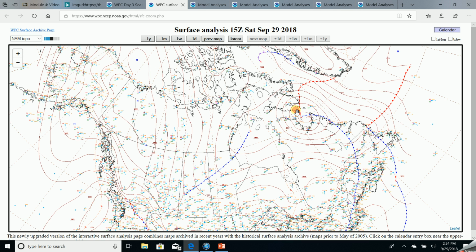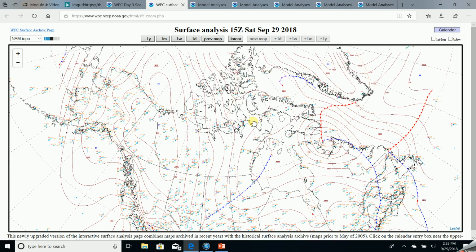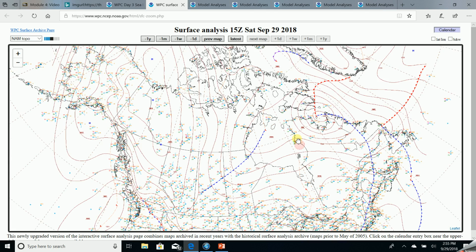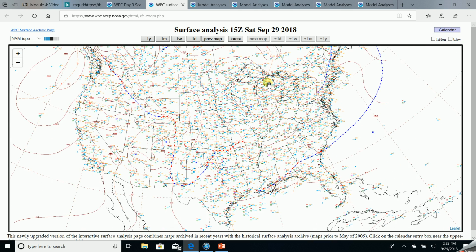Oh yeah, you go up to the pole, big high pressure sitting up north there. So the actual circulation of the planet, high pressure, low pressure, all of it is reflected in what the surface weather map looks like. Yeah, there are changes here and there, but you really can pick out an overall circulation to the atmosphere in that weather map. So now let's bring it down to what we're interested in.